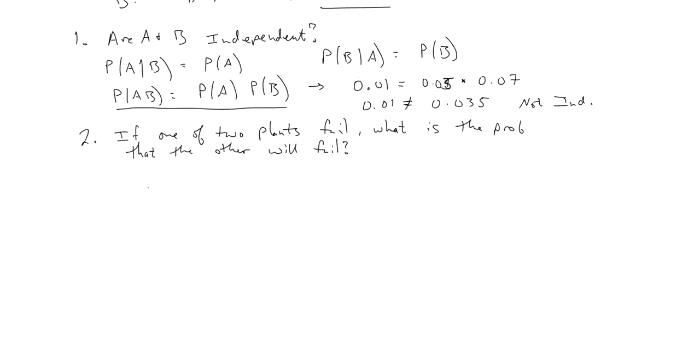First we're going to write it out. Take a minute or just a second or two to write out, if one of the plants fails, so A happened, what is the probability that B will occur? Write that out as a probability statement.